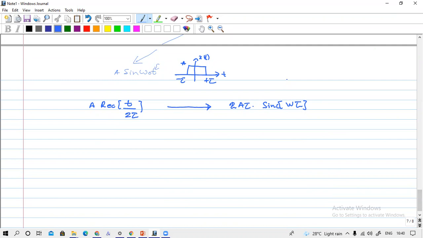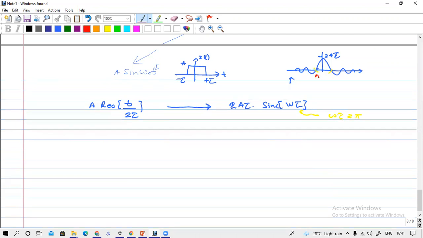If we draw this signal, we can see that the amplitude is 2a tau, and it is like this. At omega tau equal to 5, we have this cosine, so omega is equal to 5 by tau.